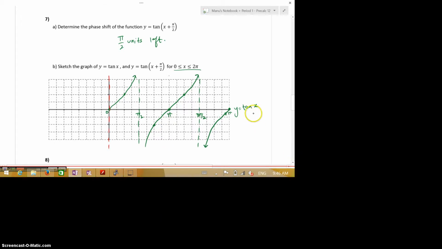This asymptote's now moved over here. The 0 is now moved over here. And this 0 is moved over here. And another asymptote's now shown up over here, which was originally not in our domain. Right, and your graph is moving to the left. So it's now going to do something like this.